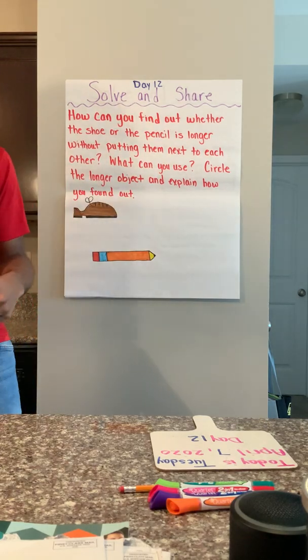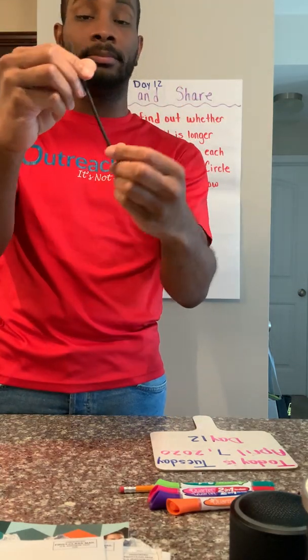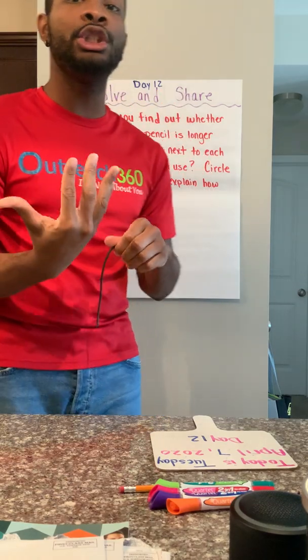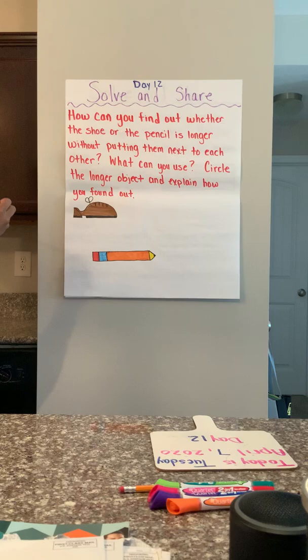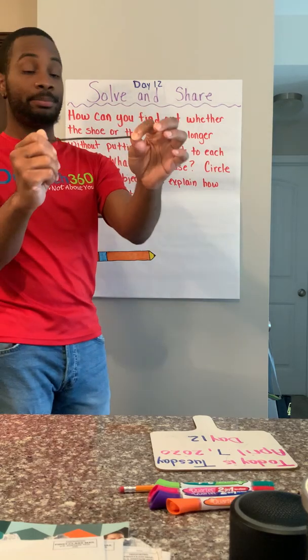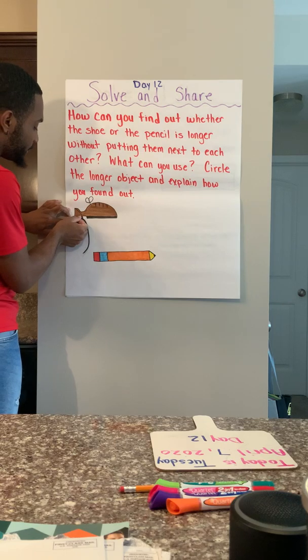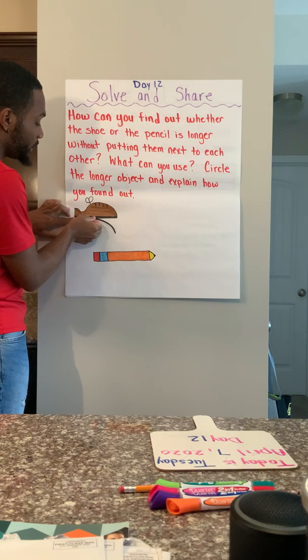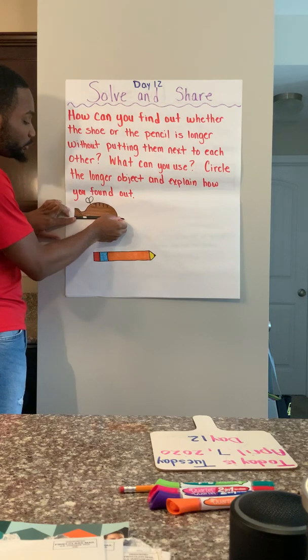I'm going to use a piece of rope. As you can see, a piece of rope. How I'm going to use this piece of rope is I will put the rope at the beginning of each object and determine if the object is longer or shorter than the rope.